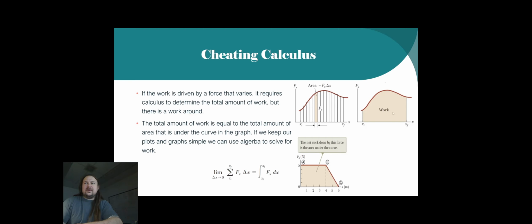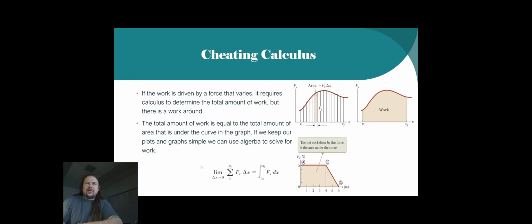So you can see that here, if we did that, instead of having, I don't know, 15 or so columns here, if we did 1,000,000 columns, we would have something that looks more like this, and it fits very, very well underneath the curve. This area under here is force times the displacement. So this area would be the total amount of work that was done. So it's a workaround. So being that the total amount of work is equal to the total amount of area that's underneath the curve, if we give you very simple plots and graphs, we can just use algebra to solve for it.